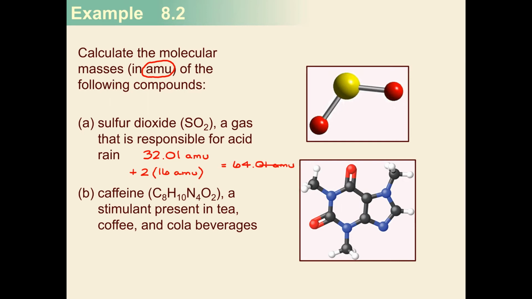Let's go ahead and take a look at caffeine. This is a compound that most of you rely on to get through your day because of it being a stimulant. So notice that I have to go and get many masses of many atoms, but it is the aggregate sum. So I am going to get 8 carbons, which is 12.01 AMUs.